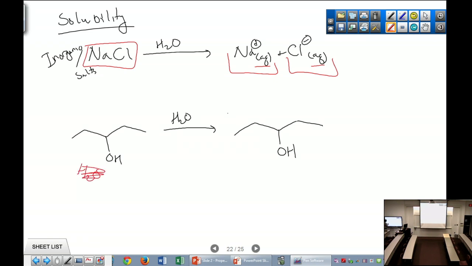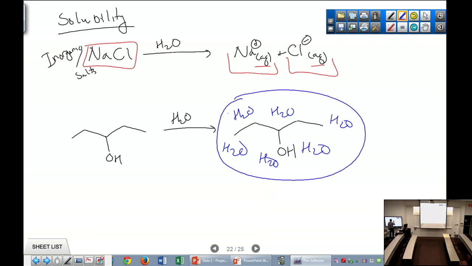So instead of breaking apart your molecule, you've got to put water molecules around your molecule, and you have to just enclose it in solvent. So now your molecule is wrapped in water. This is solvation. Right? Solvation is when your molecule gets wrapped in the solvent. Right? In this case, water.